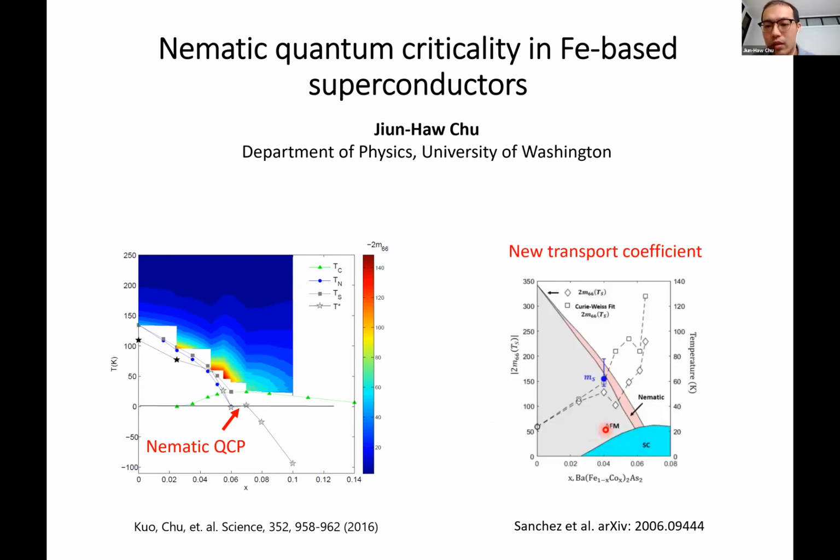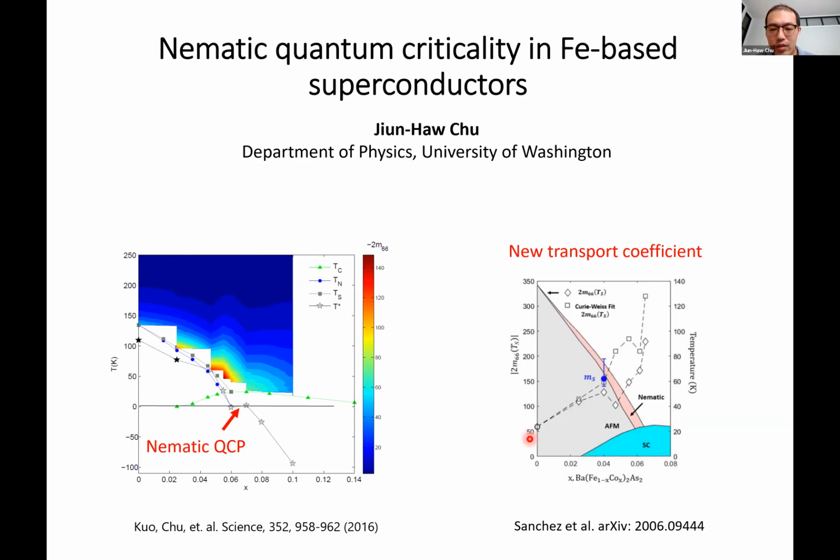This quantity, which we call the spontaneous elastoresistance coefficient, is basically the spontaneous resistivity anisotropy divided by the spontaneous lattice distortion within the nematic phase. We believe that this quantity is a way to measure the electron-lattice coupling of the material in the nematic state.